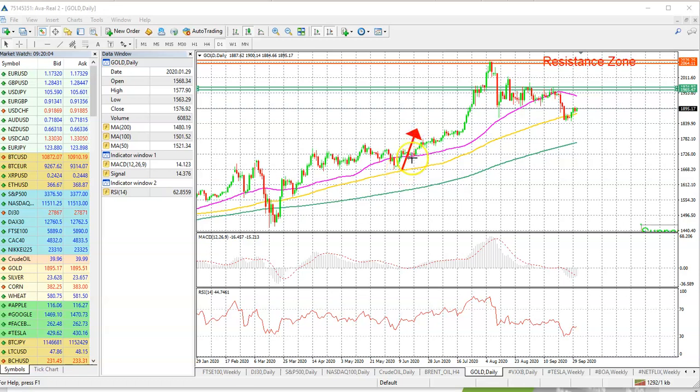So the price crossed above this particular 50-day moving average right at this point. The moment the price crosses above the moving average, what you do is you buy. And the moment the price crosses below the moving average, like how it did over here, you put the other trade on.